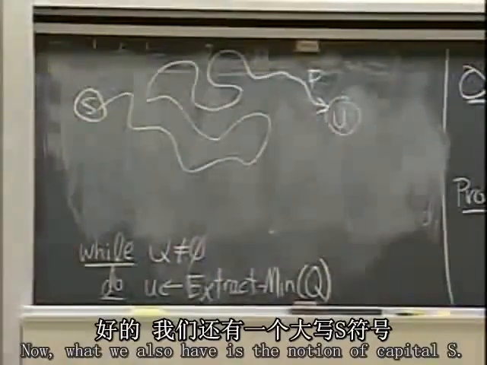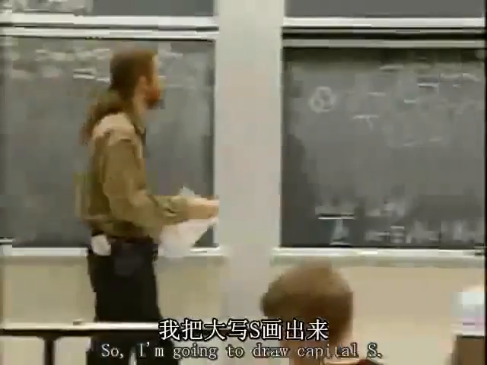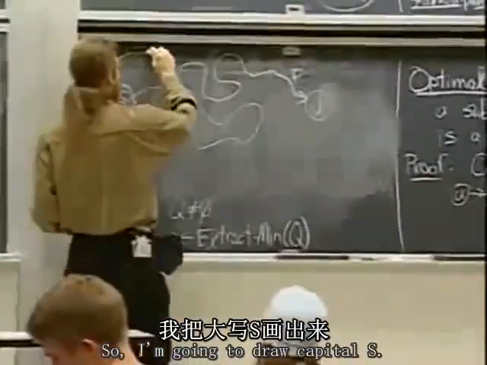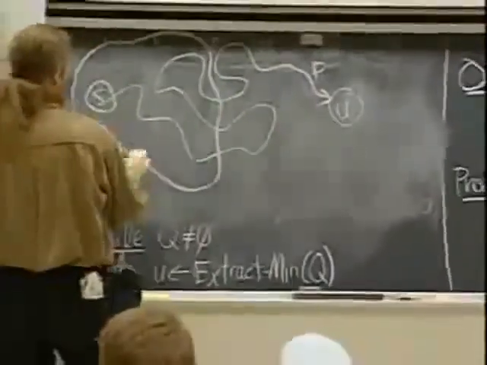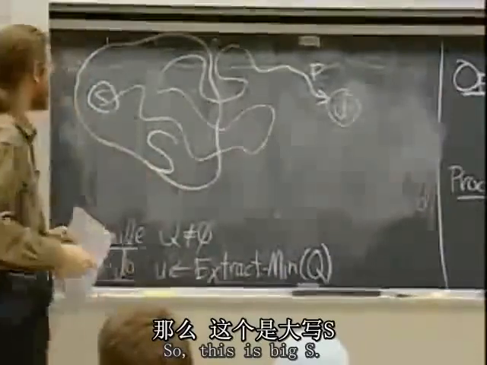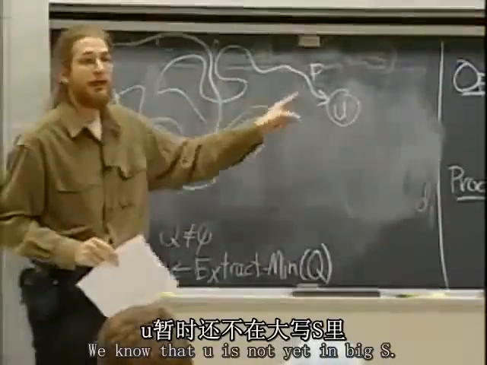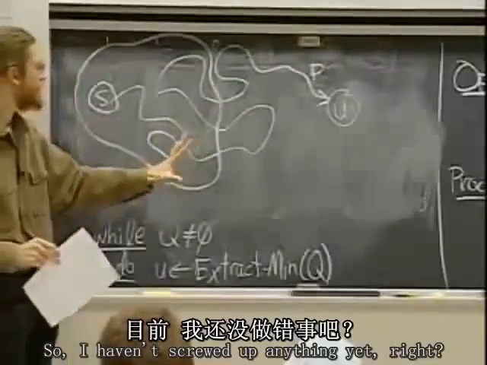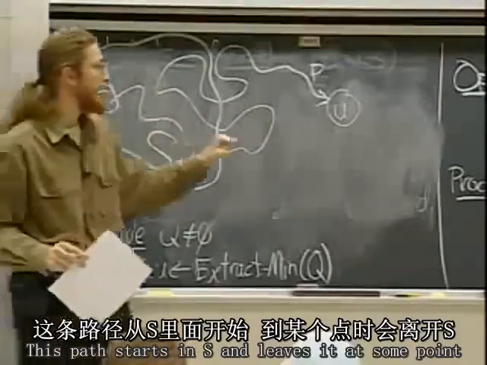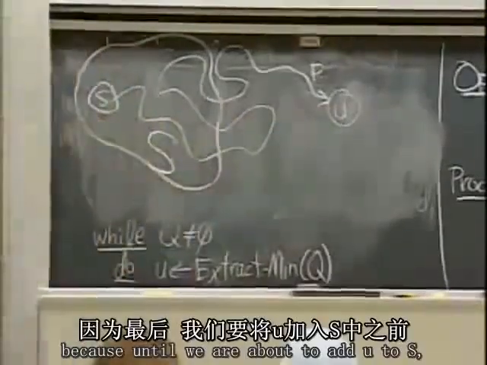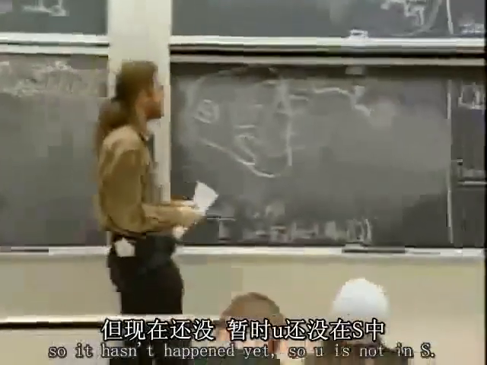Now, what we also have is this notion of capital S. So this is big S. We know that little s is in big S. We know that u is not yet in big S. So we haven't screwed up anything yet, right? This path starts in S and leaves it at some point, because until we're about to add u to S, it hasn't happened yet. So u is not in S.